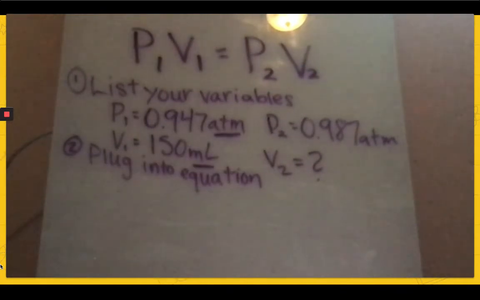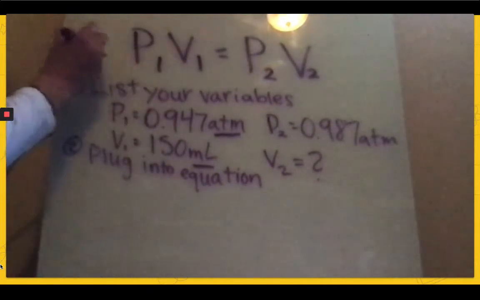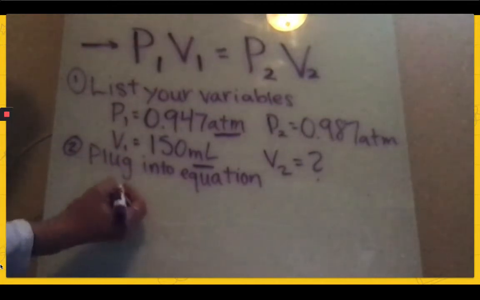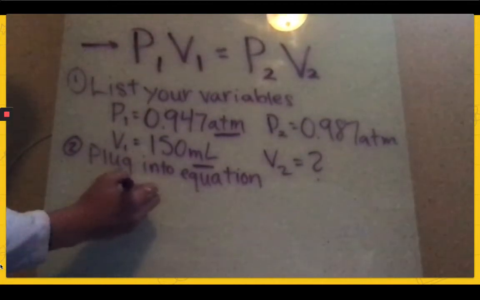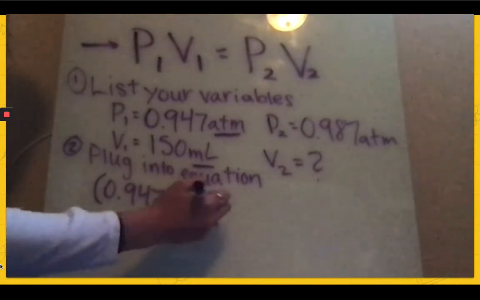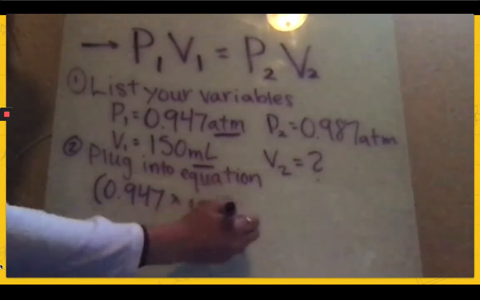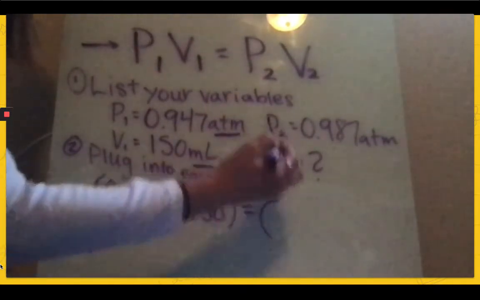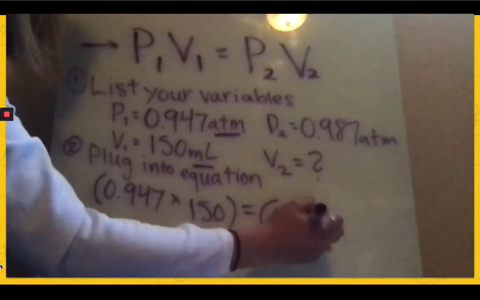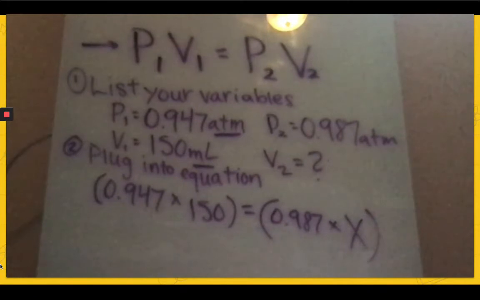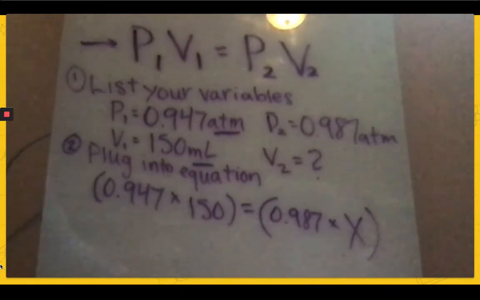So when we plug them into the equation, we were again going to use this one, P1V1 equals P2V2. So we will have 0.947 times 150, in parentheses, equals our P2 value, 0.987 times X, because we don't know what our volume 2 is.